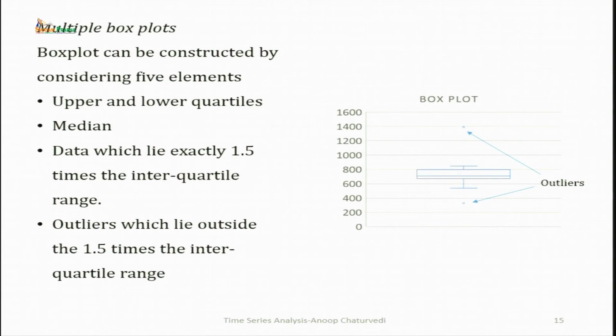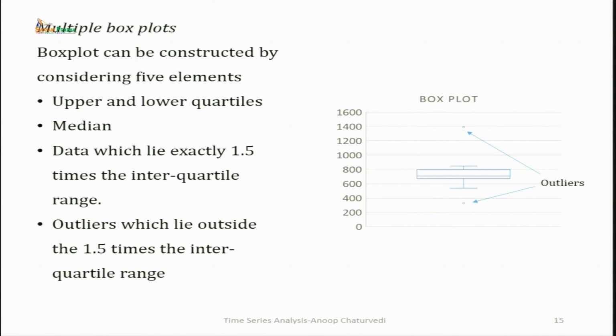You need 5 quantities: the upper and lower quartiles, then you also need the median value, then data which lie exactly 1.5 times the interquartile range, and outliers which lie outside the 1.5 times the interquartile range.